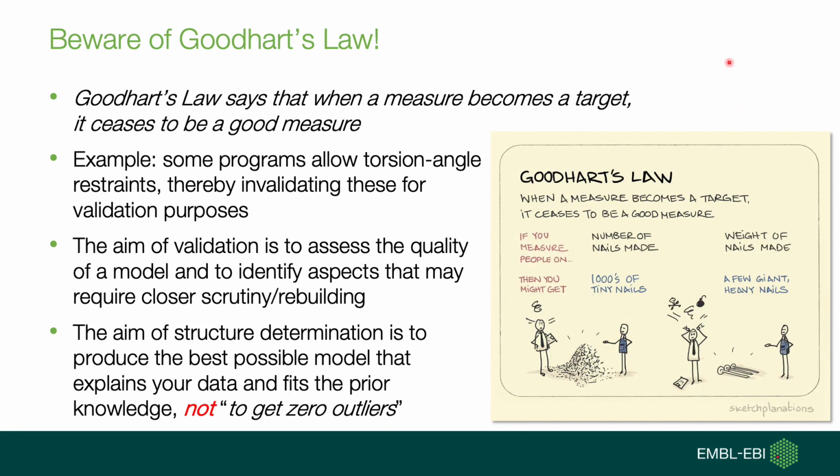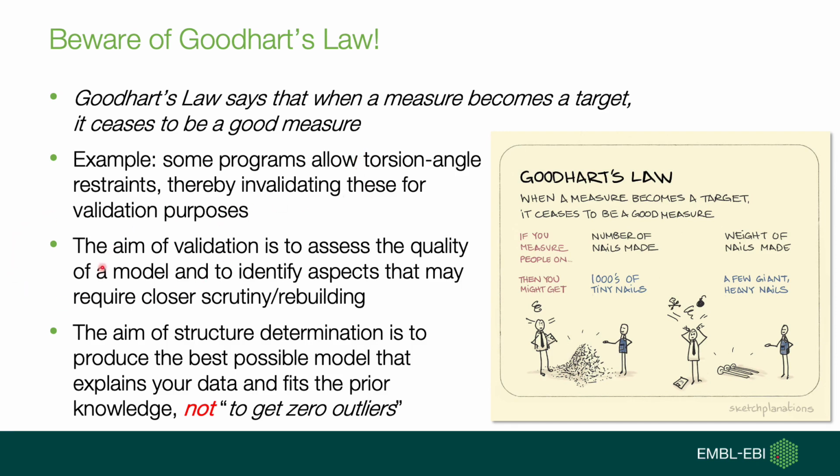Now I mentioned Coulthard's law, and that says that when a measure becomes a target, it's no longer a good measure for validation. For example, some programs allow you to restrain the torsion angle values of your main chain to lie in the favorable areas of the Ramachandran plot, but that means that your model will look more like a protein, but you can no longer use the Ramachandran plot for validation.